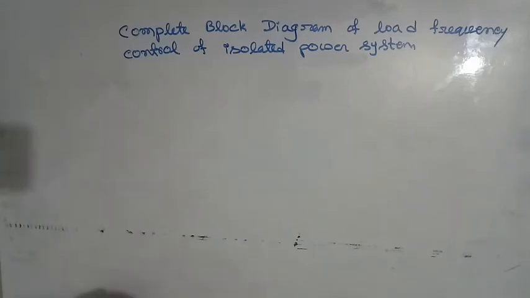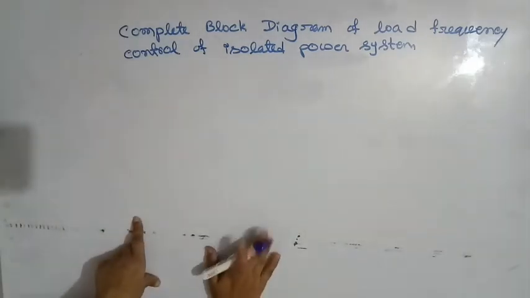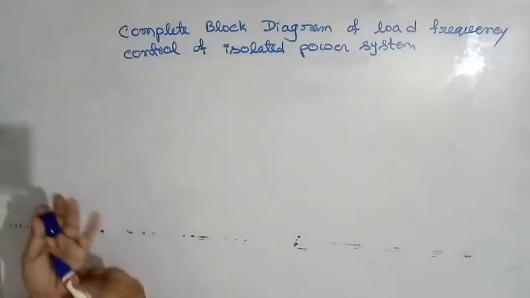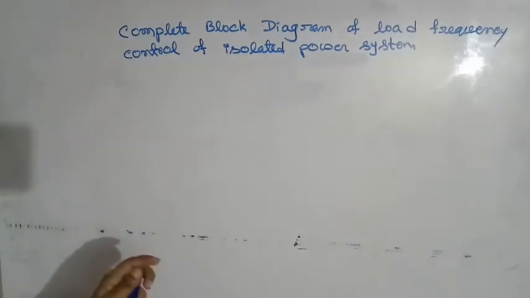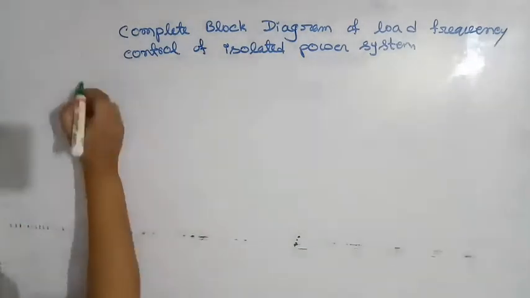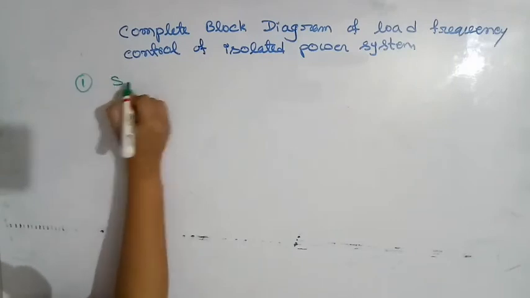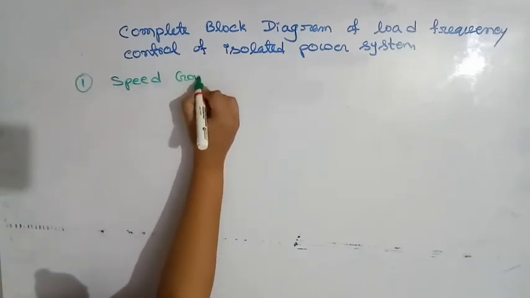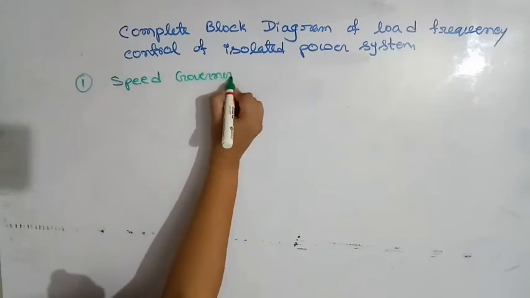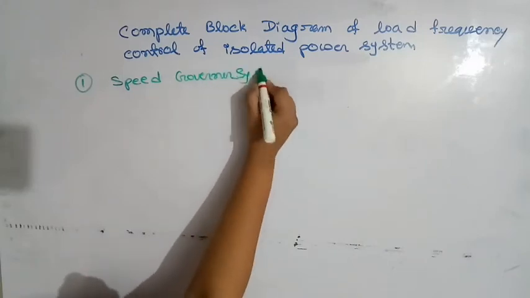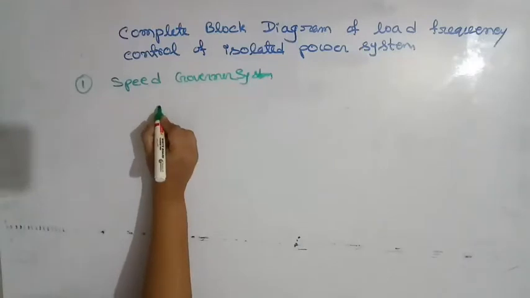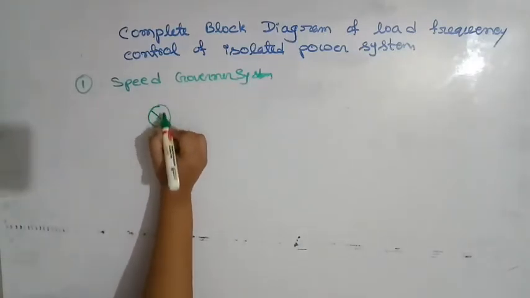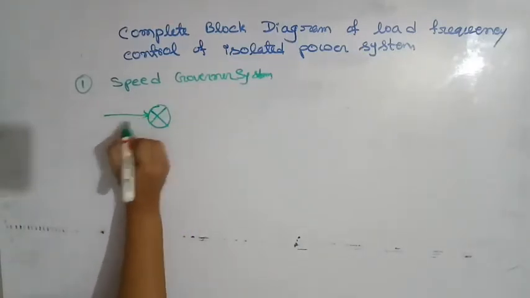Now first, the block diagram of the speed governor system. Input is delta PC.